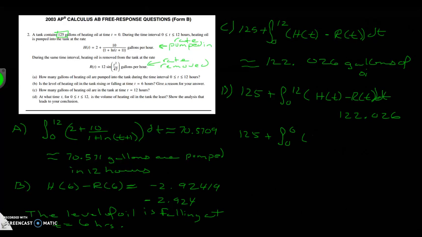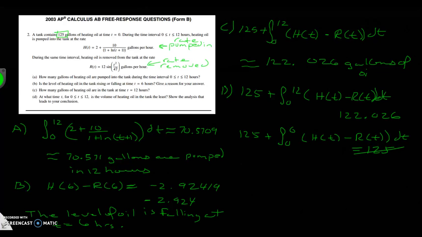So now we do 125 plus the integral of h of t minus r of t dt, and that equals 125. That's definitely not it. So now we're going to have to use a solve button and see where they equal one another or where they equal 0.